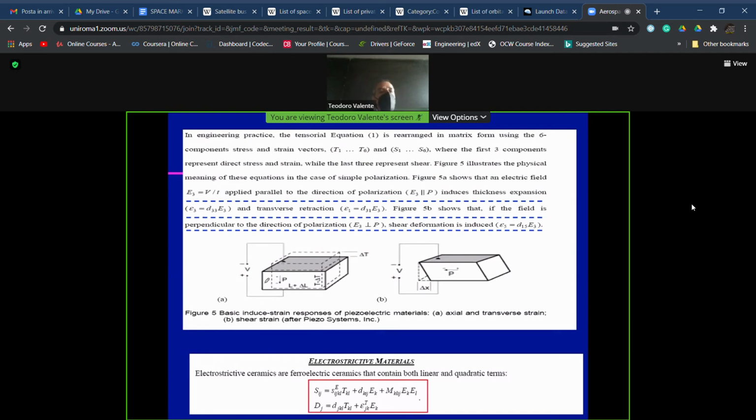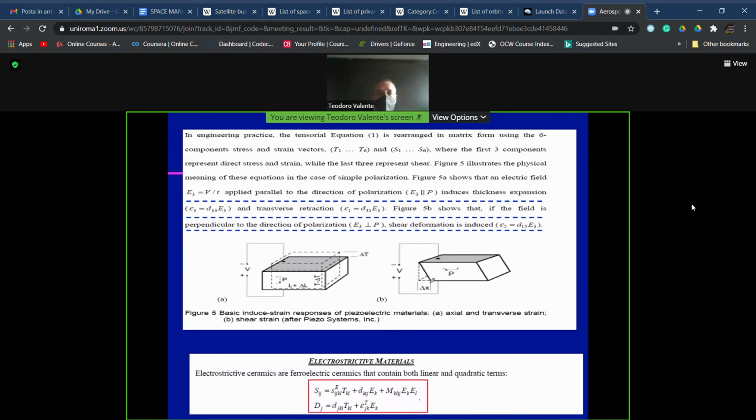In the case in which we apply a voltage, that is an electric field, for example, which has the same direction as the residual polarization vector, we can have a resulting axial strain.